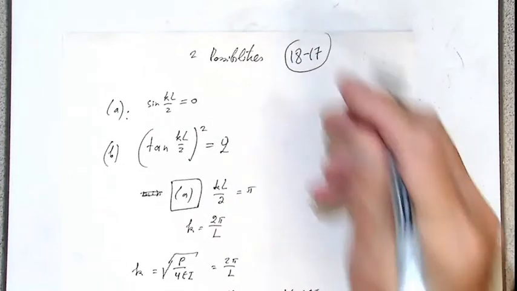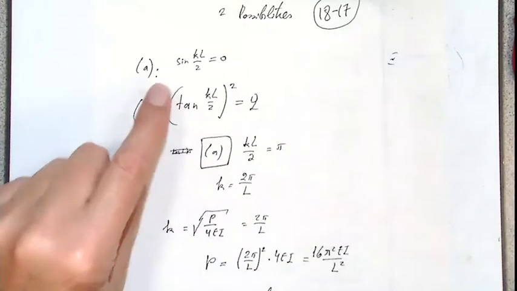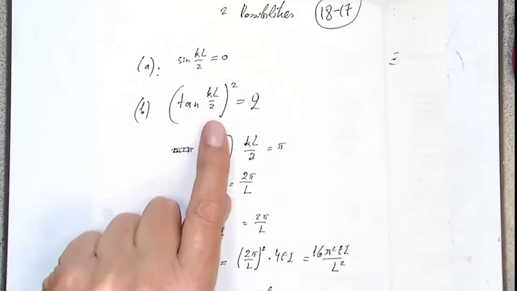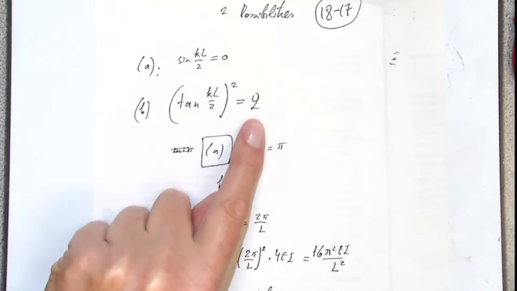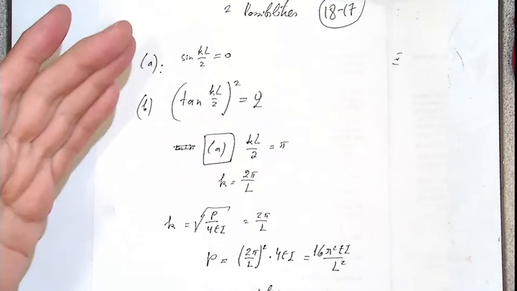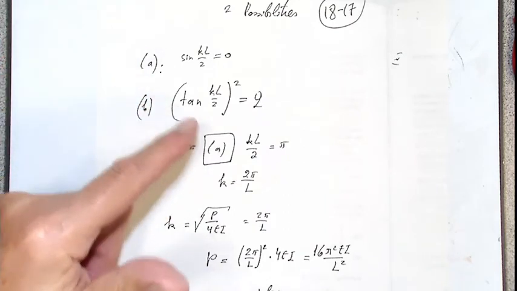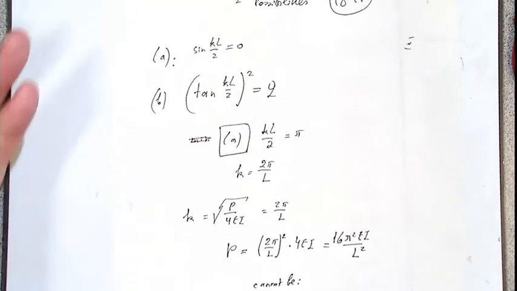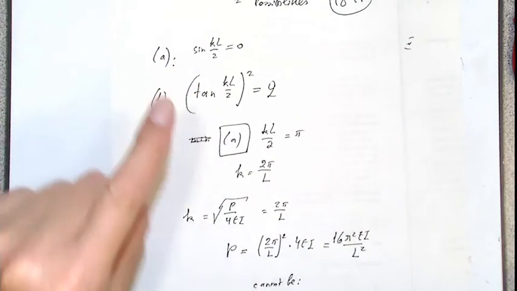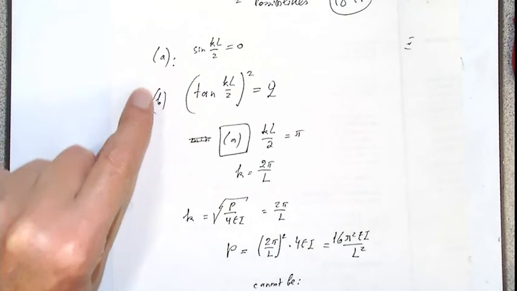So we get two possibilities. Sine kL over 2 equals 0, or tangent of kL over 2 squared equals 2. Okay, in your particular case, whatever you get, I will show you in this case. If you succeeded to get sine kL over 2, then, okay, that is one solution, that is second solution.